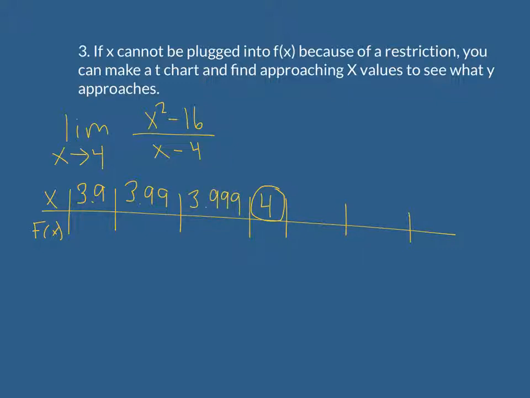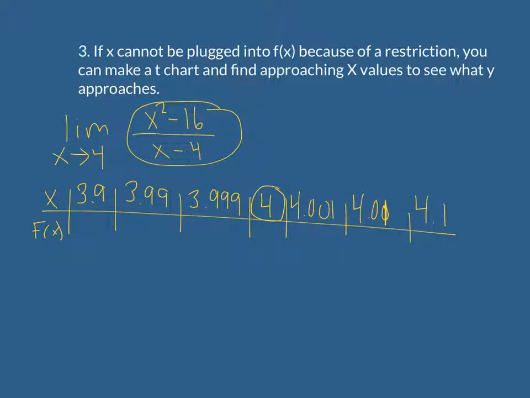We're going to plug each of those x values into our function here and see what y value we're getting closer to. All right, let's see, the 4.1, 4.01, and 4.001. And I'm going to plug those into a calculator. You can't really do this without a calculator.